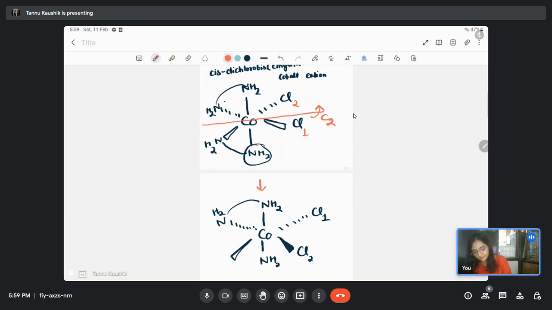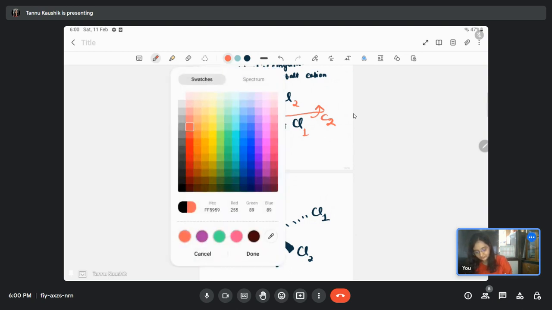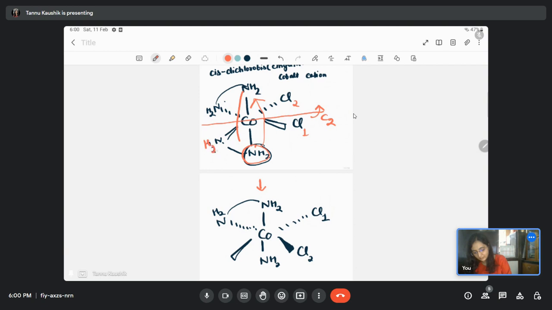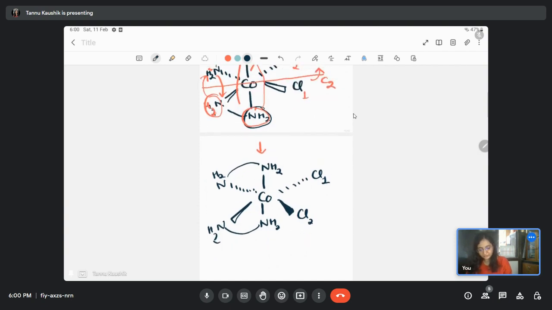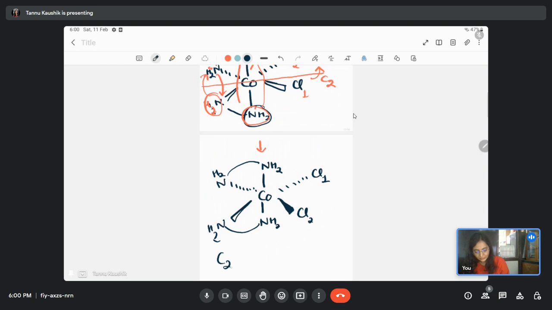This NH2, this one will go above, this will go down, this one will go back and this will come forward. So we will get an equivalent configuration here like earlier.